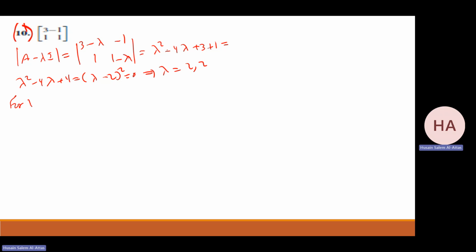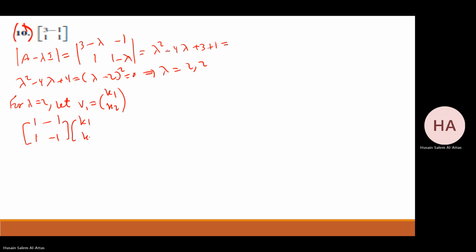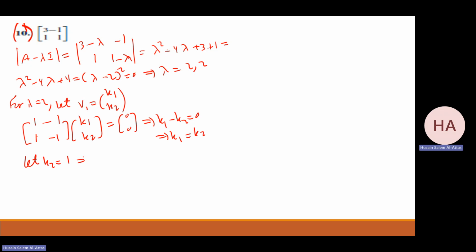Now for lambda equal 2, let V1 be K1, K2. What will be the system? 1, minus 1, 1, minus 1. So I have K1 minus K2 equals 0, which means K1 equals K2. I let K2 equal 1, so K1 equals 1. So my V is 1, 1. I have only one eigenvector.